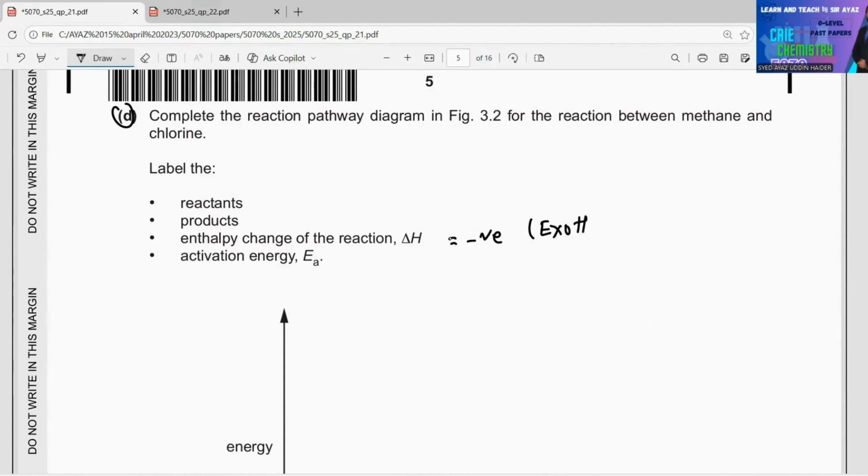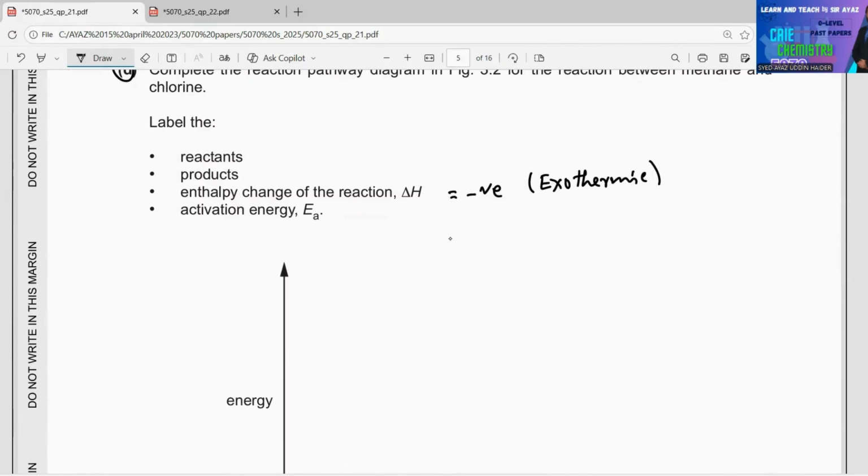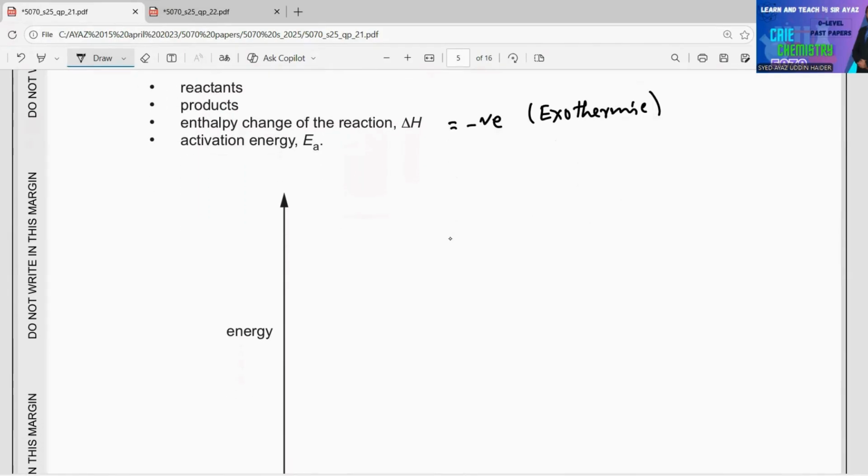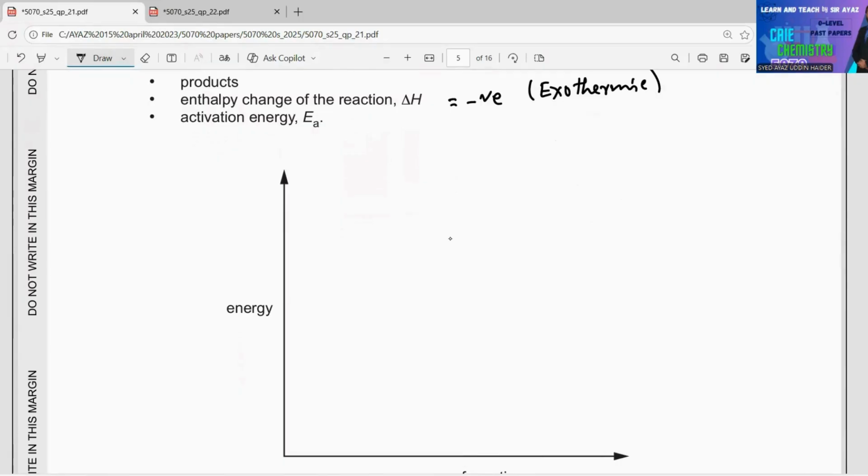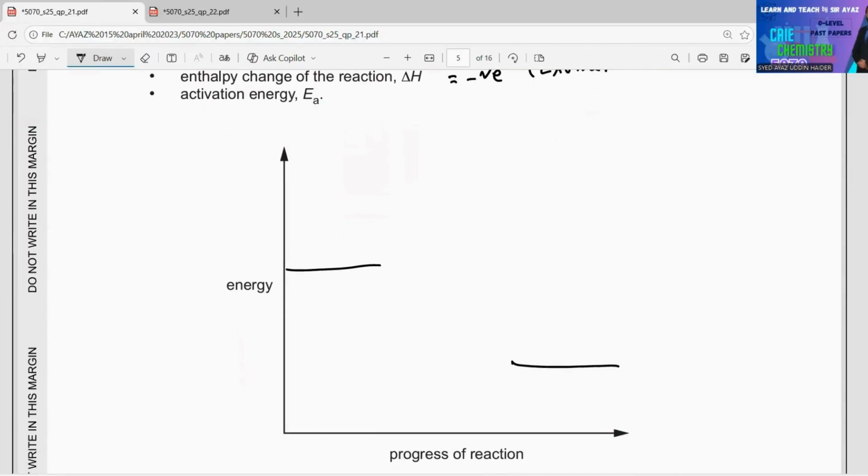Exothermic reactions are those in which products will be at a lower energy state than the reactants. So we have two straight lines, one for the reactant and one for the product. If this one is for the reactant, this one must be the product. And remember, you have to show the energy hump between these two. This is the energy hump.